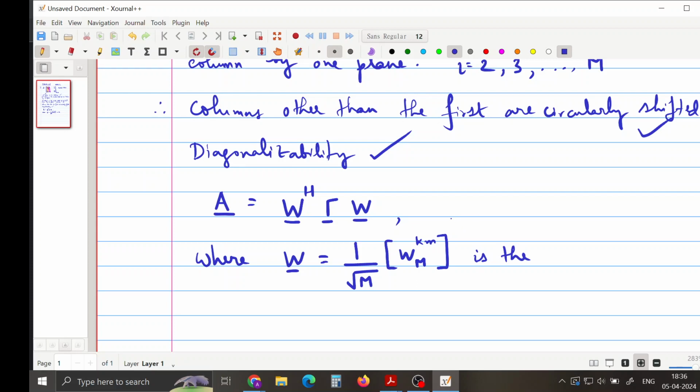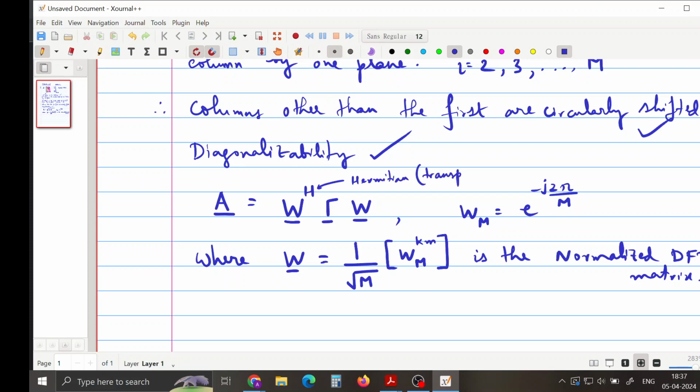So Wm here means e power minus j 2 pi by m. And by the way, this H denotes Hermitian, or transpose conjugate.